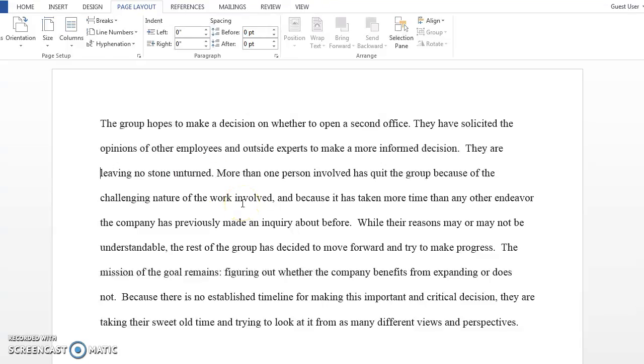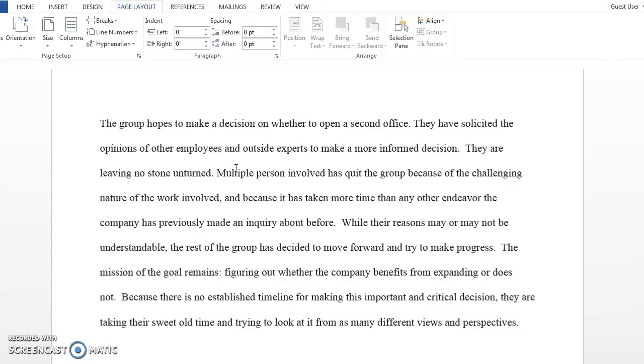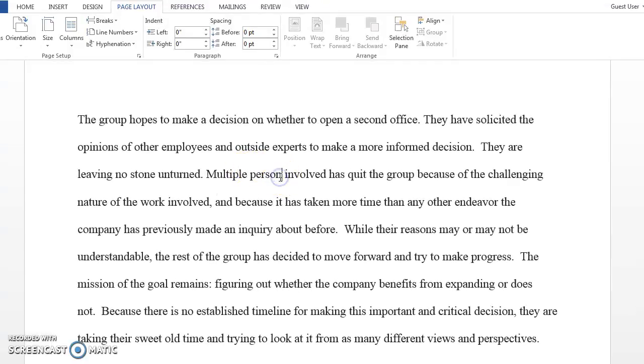More than one person involved has quit the group because of the challenging nature of the work involved, and because it has taken more time than any other endeavor the company has previously made an inquiry about before. Whew, that is a long sentence. Let's see what we can do. More than one, let's say multiple. Persons, I think we could do that.